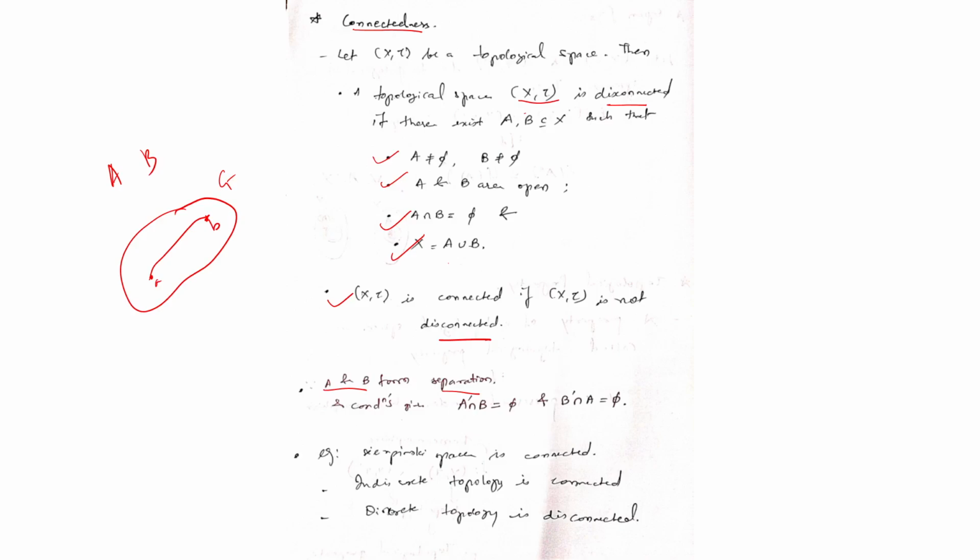Epsilon net, metric space. Epsilon-delta definition in metric spaces for continuity.